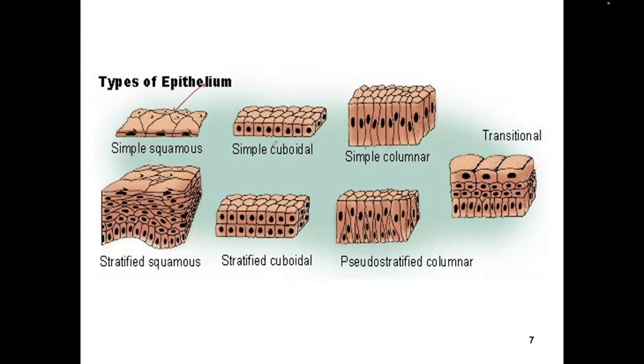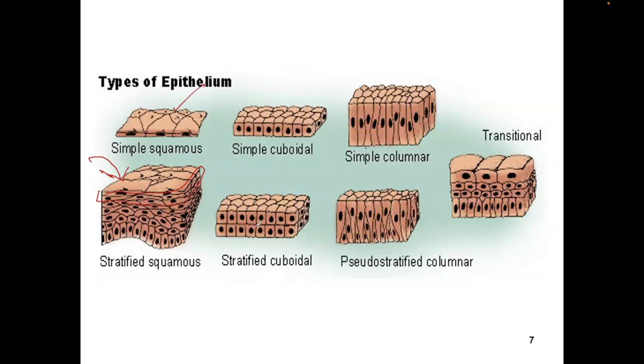Okay? So when you take a glance at this, it is one cell layer thick from the side: simple squamous, they're flat, irregular shaped. This is simple cuboidal, and this is simple columnar. All the nuclei are at the same level. This is the top or the apical surface. So when we look at the apical surface, the top portion of it, it's a few layers of those pancakes.